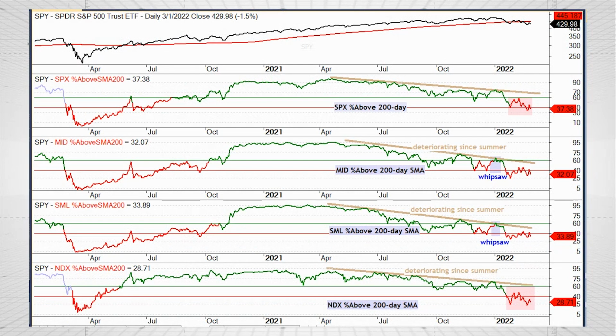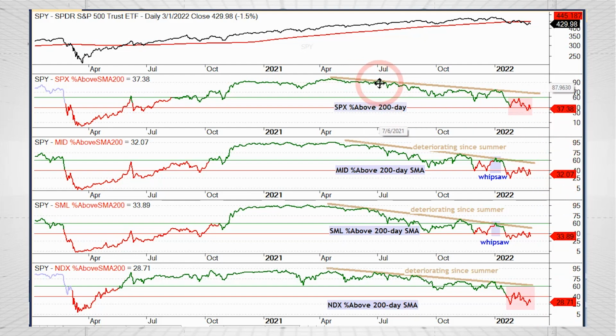Now, another indicator group that I use is the percentage of stocks above the 200-day. You can see it for the S&P 500, the mid-cap 400, small-cap 600, and NASDAQ 100. For mid-caps and small-caps, fewer than 35% of stocks are above the 200-day, and for the NASDAQ 100, fewer than 30%. Maybe it's oversold, but clearly there are more stocks in downtrends than uptrends.